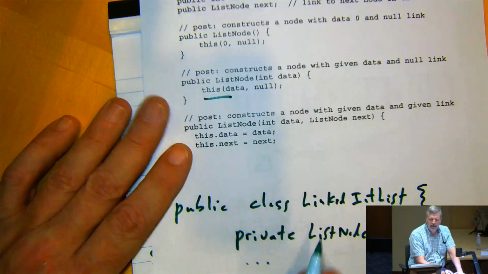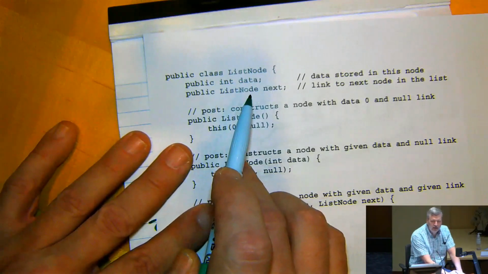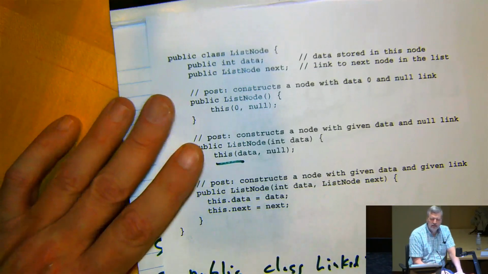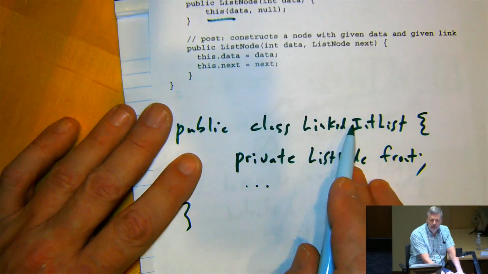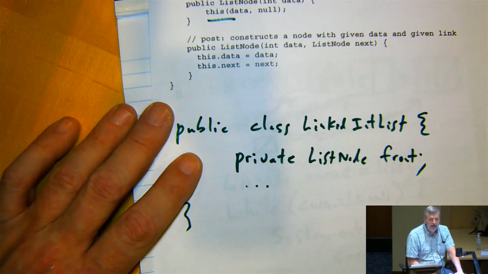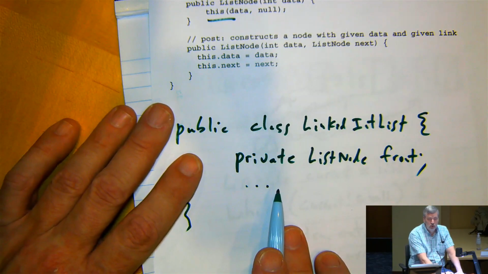So that's going to be the idea: these are like messy paint cans that the workers use in implementing the different methods of the linked int list class, but the client of the linked int list class never sees that, can't ever get any paint on them because they don't have any access to the nodes. They don't even know those nodes exist.